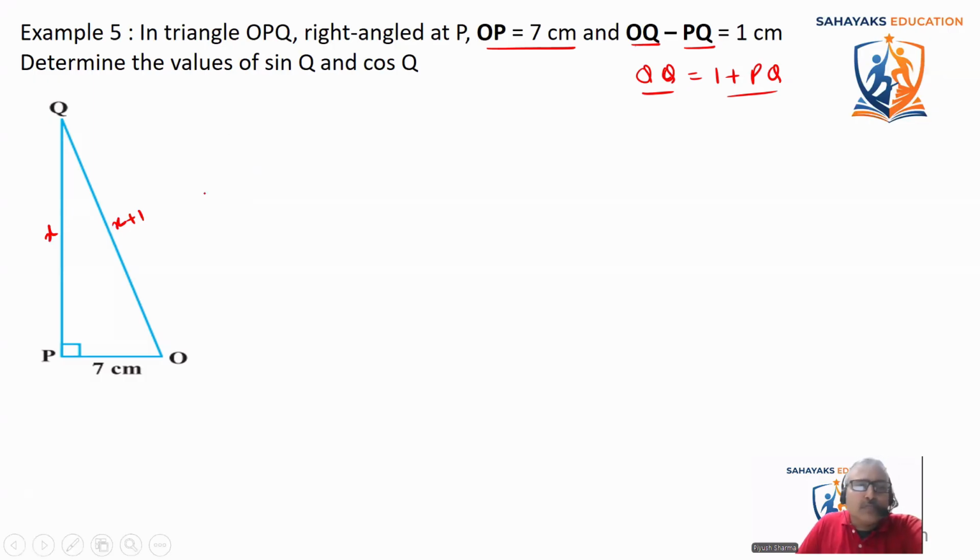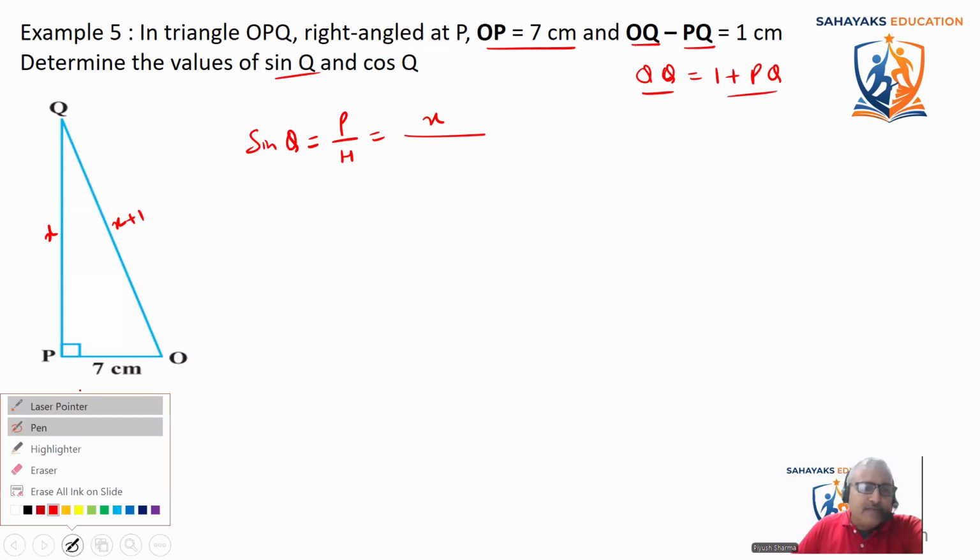Now from the theory, let's find the value of sine Q. We know sine Q is equal to perpendicular divided by hypotenuse. But first of all, let's find the values here.